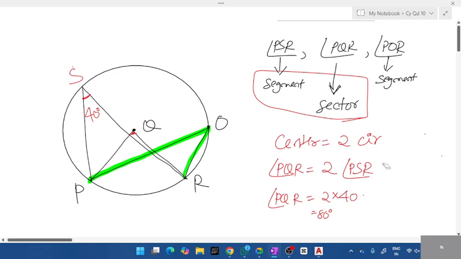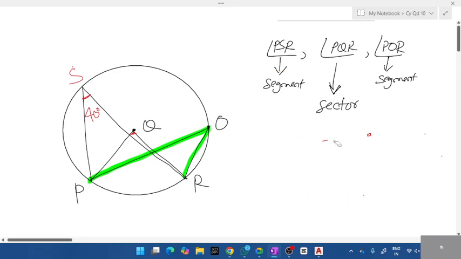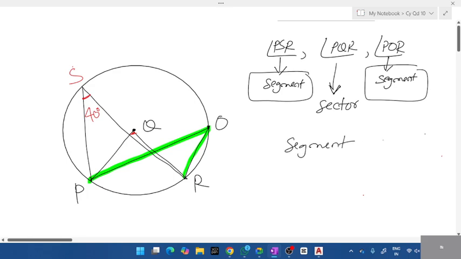How is POR and PSR related? They two are triangles, to both a segment. So what's the rule I told? If two segments are there and their arc is same, will the angle be equal or different?